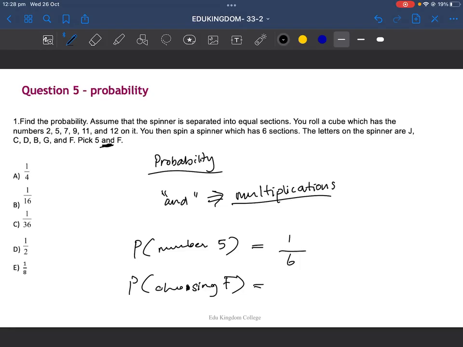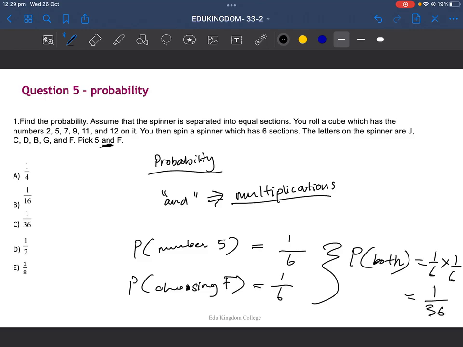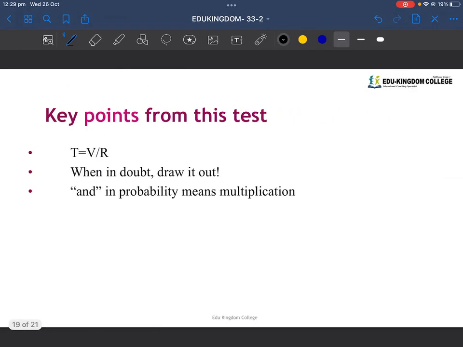J, C, D, B, G, F. Also 6, and out of them, only one of them is F. Great. If that's the case, to have both of these at once, the probability of both is going to be 1 over 6 times 1 over 6, which is going to be 1 over 36. And that's why option A is C. Okay, guys? So just remember this section. That's all you need to know.